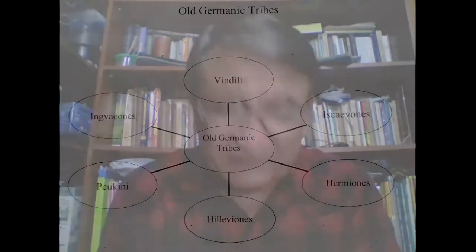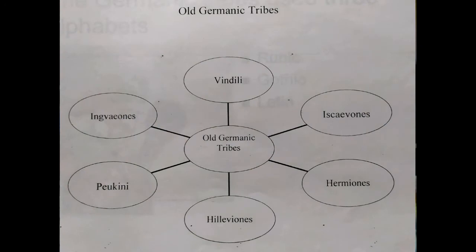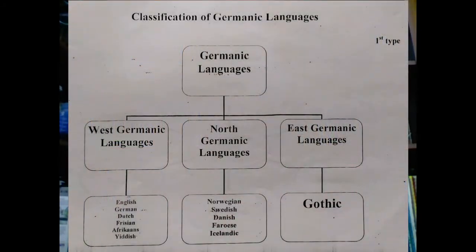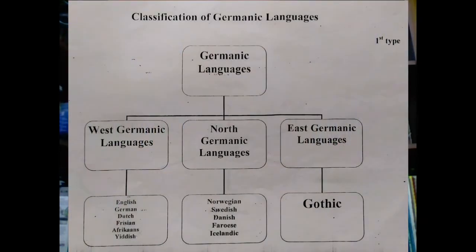From the tribal dialects of Ingveones, Iskavones, Herminones, and Pevkins, West Germanic languages developed. And from the dialects of the tribes Hilaviones, North Germanic languages. This is a kind of bridge from Old Germanic tribes to modern Germanic languages, living Germanic languages.